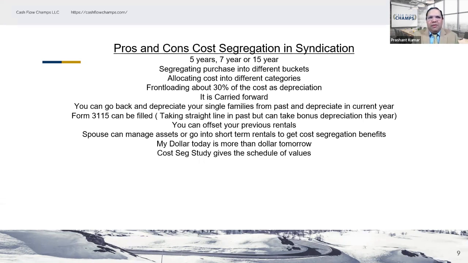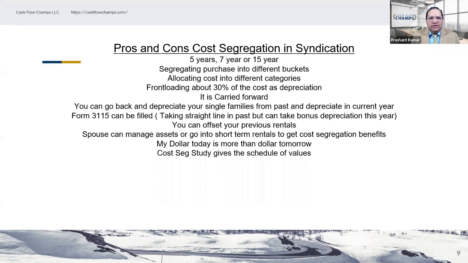Even if your capital account is 100,000, in terms of your income you would see a loss on your K1, and that loss can write off your active income or passive income, depending upon whether you are a real estate professional or not. I'll go into a little more detail on that.